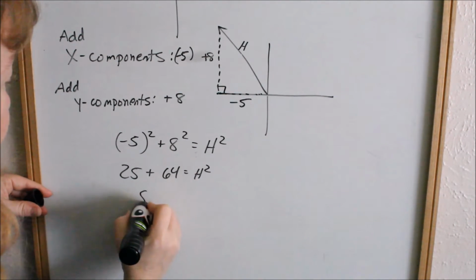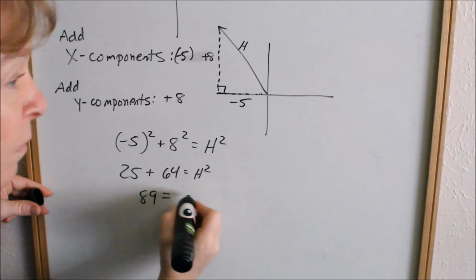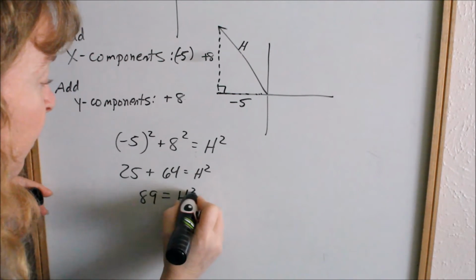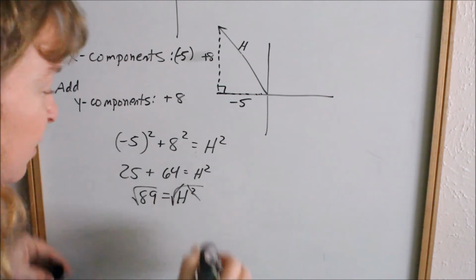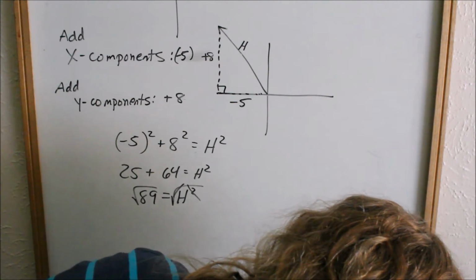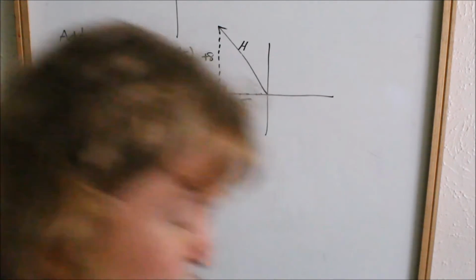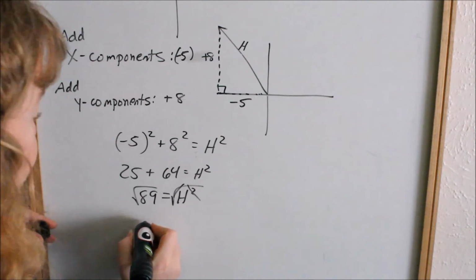And that would be 89. Then to solve for h, we take the square root of both sides. So the square root of 89 is 9.43.